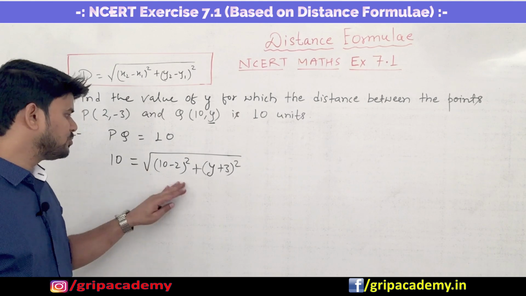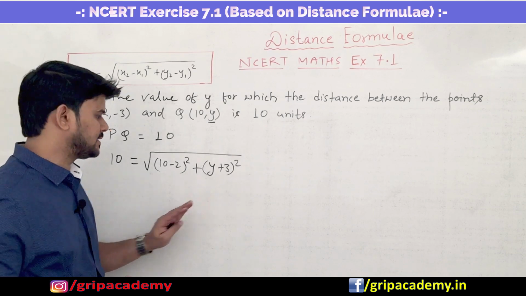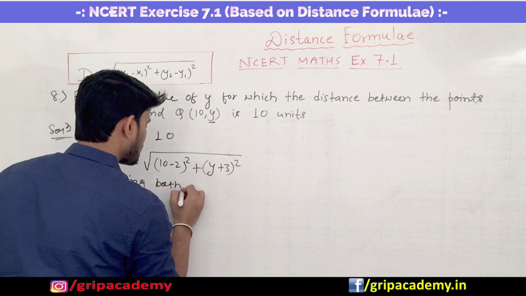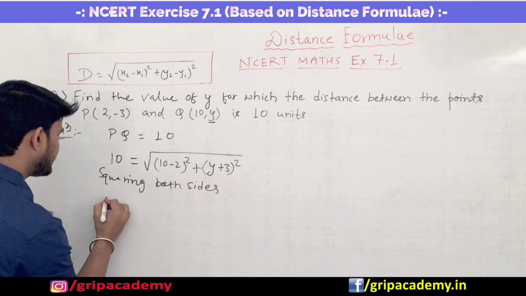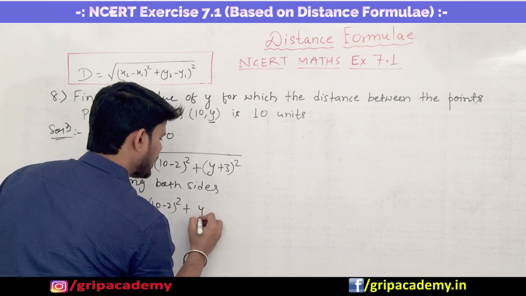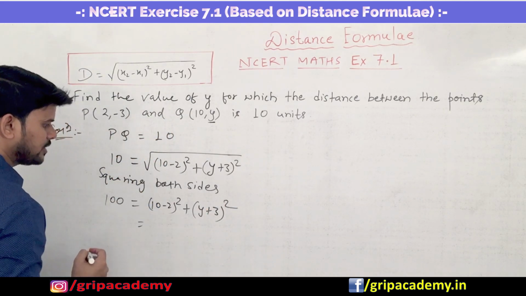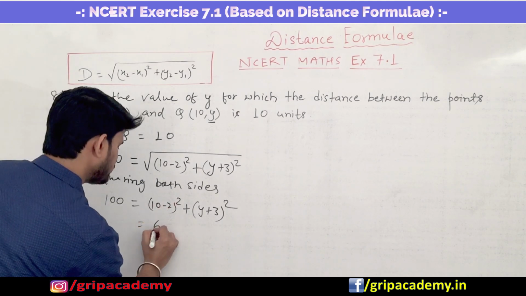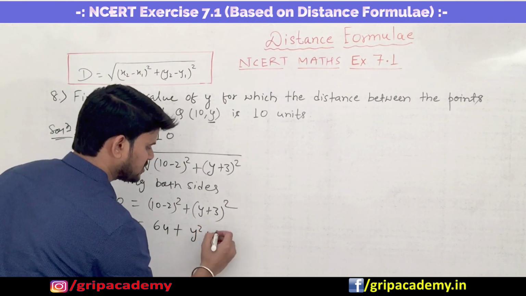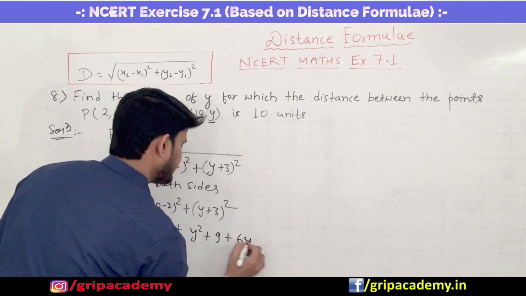Now we need to remove this root to make the calculation simple. To remove the root we will square both the sides, means we will square LHS and we will square RHS. Squaring both sides, 10 square is 100 equals to (10 minus 2) whole square plus (y plus 3) whole square. 10 minus 2 is 8, 8 square is 64, plus (y plus 3) whole square, that is y square plus 3 square, 9, plus 2ab, that is 2 into y into 3, so 6y.